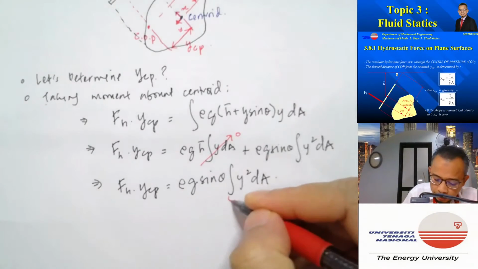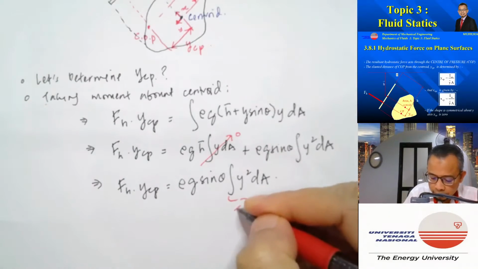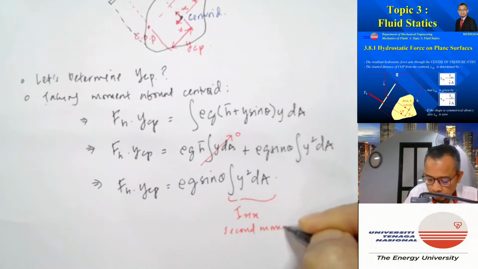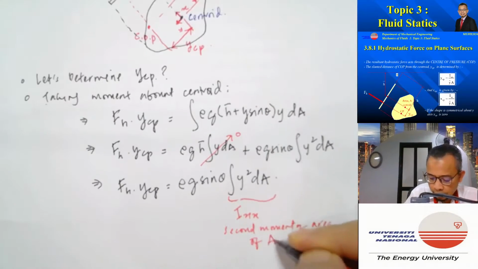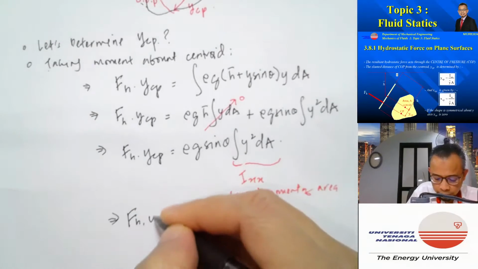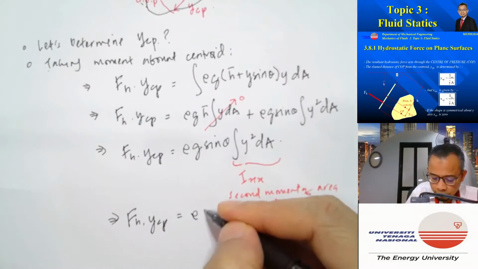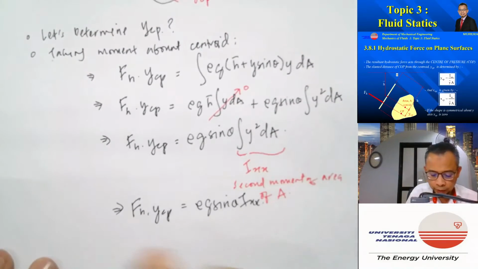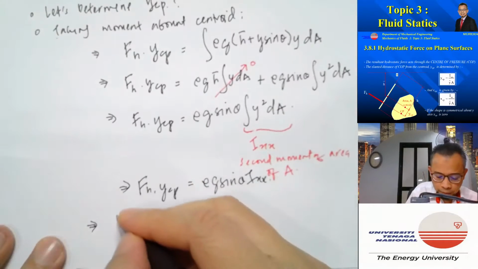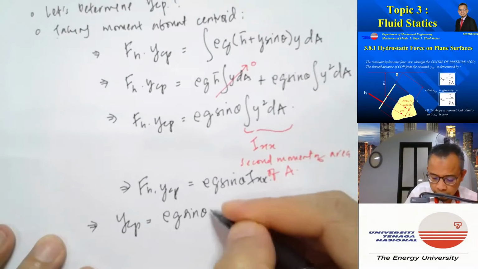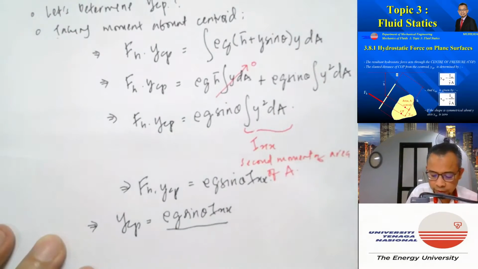But integral of y squared dA is what is called Ixx, or second moment of area of A. So we can write FH YCP is equal to rho g sine theta Ixx, or YCP is equal to rho g sine theta Ixx over FH.